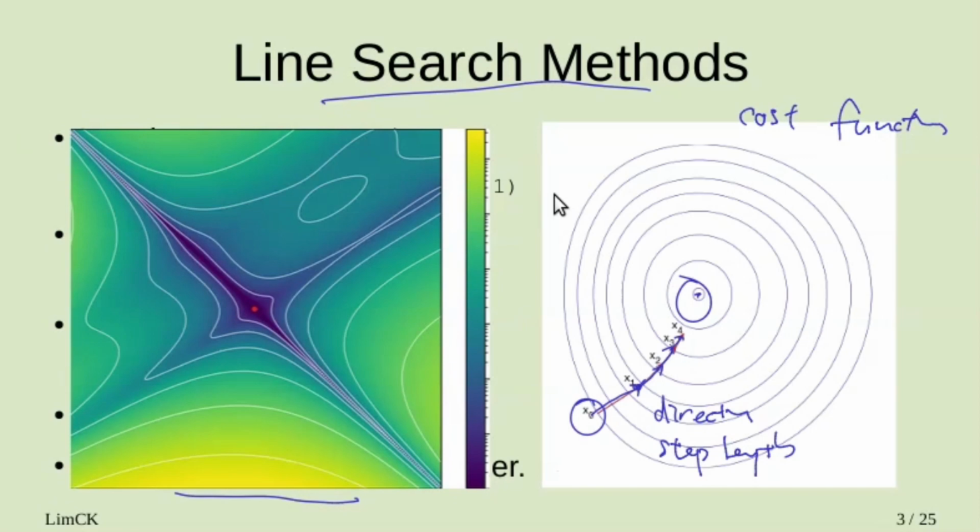If you stand at some point, here let's say, following the contour, the steepest direction maybe is here, but if you are here, for example, you may be led in another direction, or if you are here, you are led in another direction, which is not moving towards the minimizer directly.